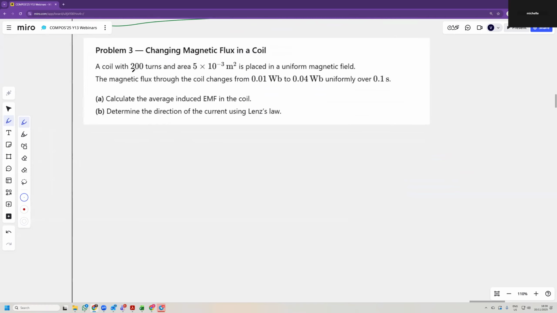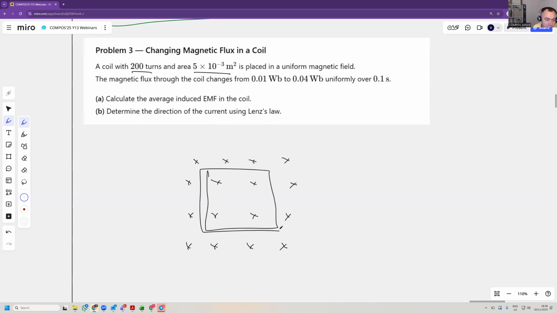A coil with 200 turns and area is placed into a uniform magnetic field. Okay, so there's a magnetic field, and there's a coil, like this with many turns. It doesn't have to be like this; it could be like this, two wires.